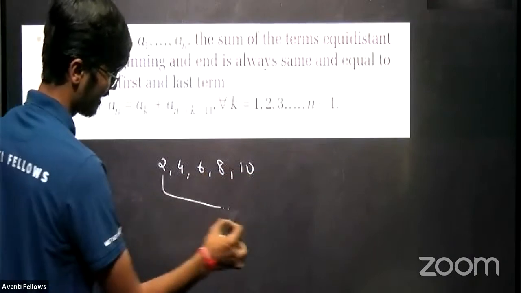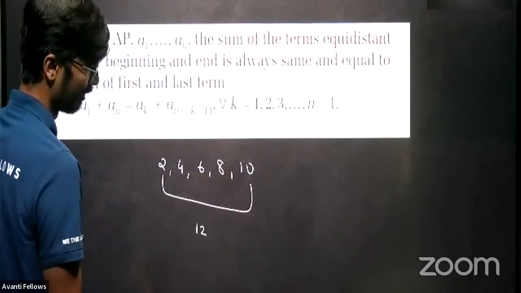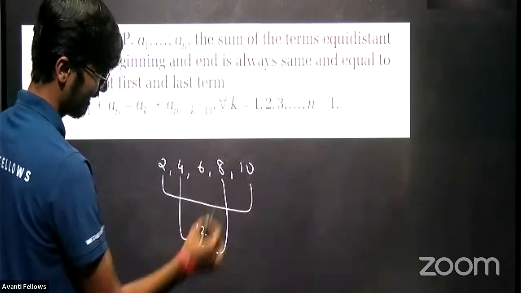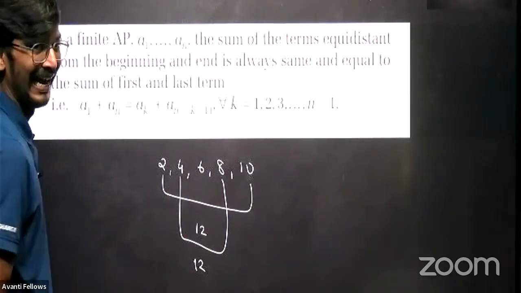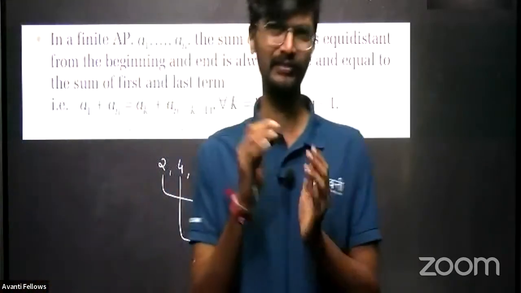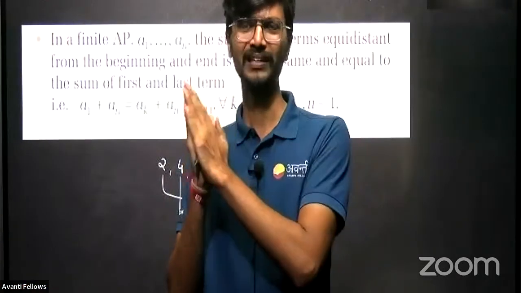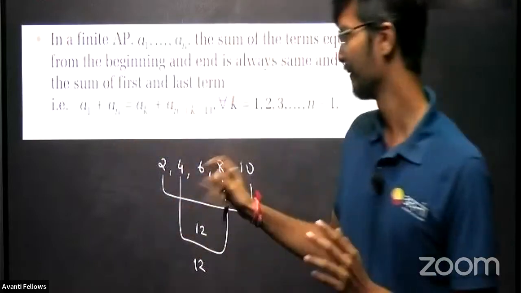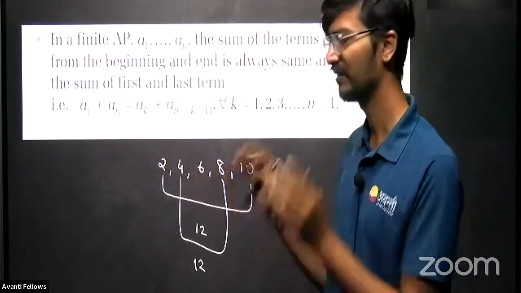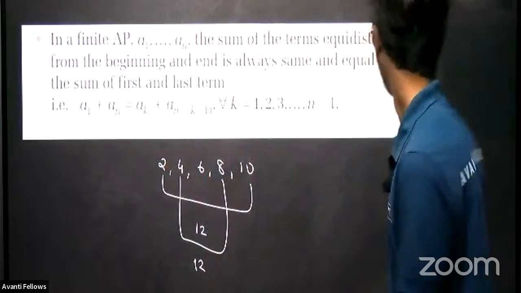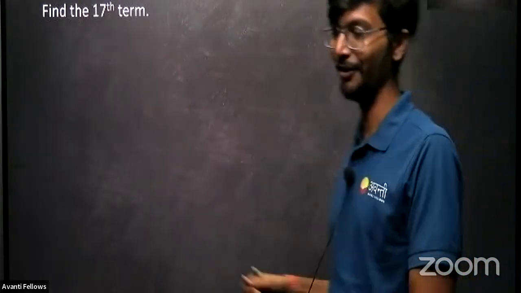The sum of the first and last term is 12. The sum of the second and second last term is 12, and so on. This is an interesting observation for an AP, that the sums are the same if we add first and last, second and second last, third and third last, and so on. Now the theory of AP is over.